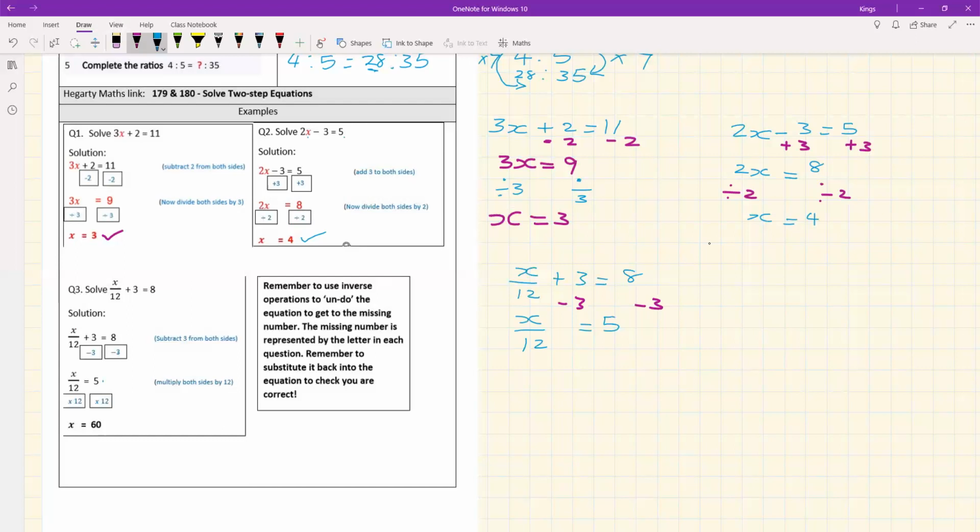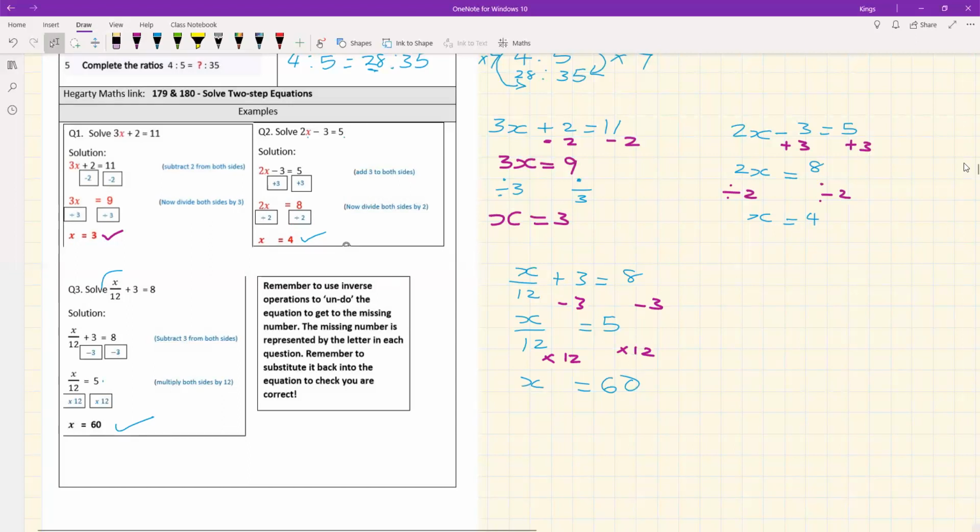Now we're going to multiply by 12 because this line here actually means divide, and we do the inverse, which is multiply. So multiply both sides by 12, and we've got x on one side, and 5 times 12 gives us 60. Again, let's try it in the original equation to see if that works. 60 divided by 12 is 5. 5 adds 3 equals 8. So x is actually 60. Okay.